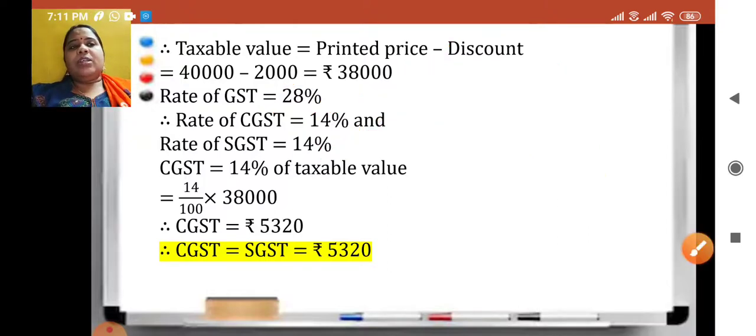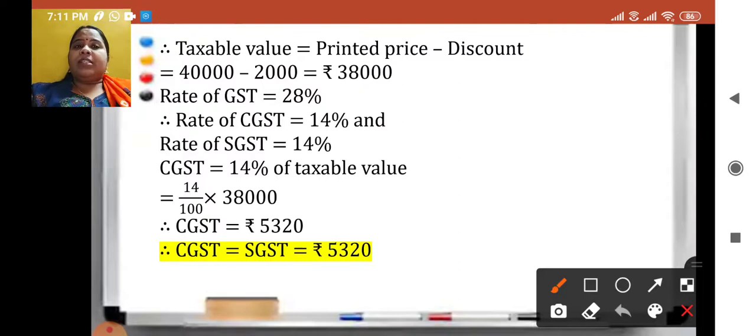So CGST is how much? 14% of the taxable amount. Cancel this, when you multiply, 14 into 38 is 532, 1 zero was there, so 5,320. So CGST he has to pay 5,320. SGST he has to pay 5,320.